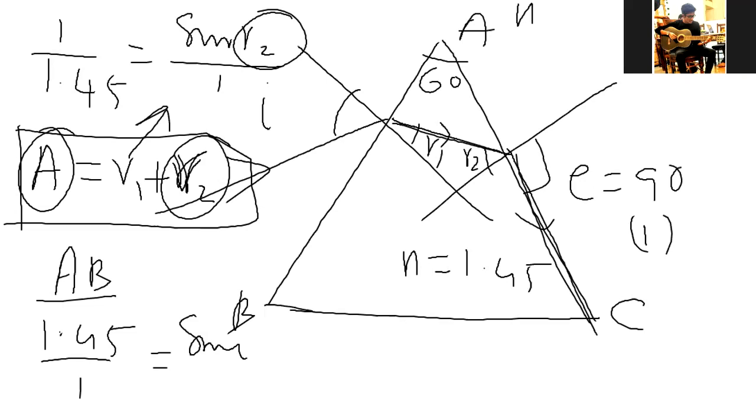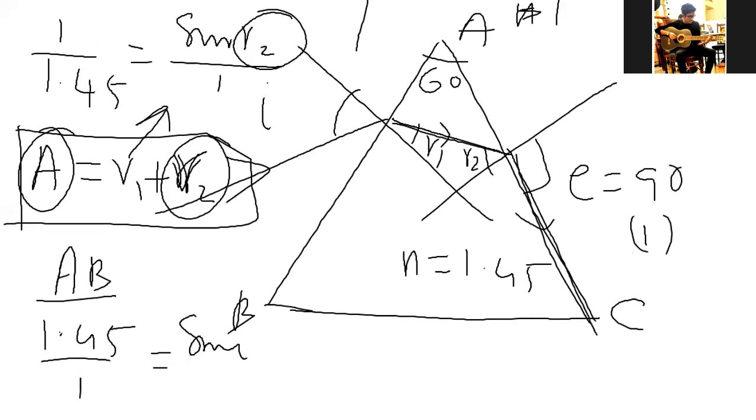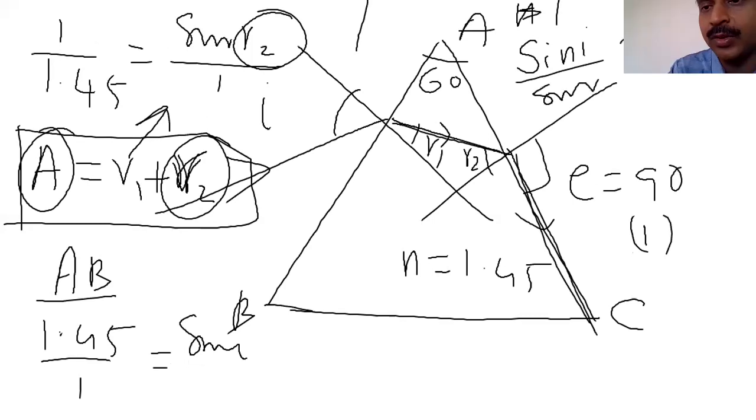Refractive index of two mediums, the formula. Ratio of sine I to sine R. Sine I by sine R is equal to N2 by N1.